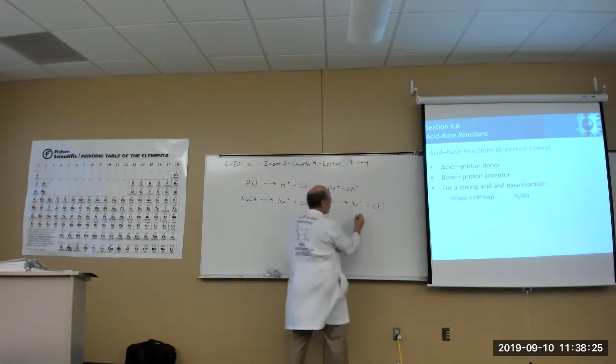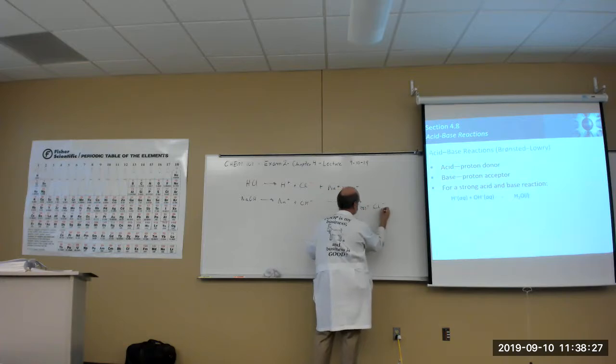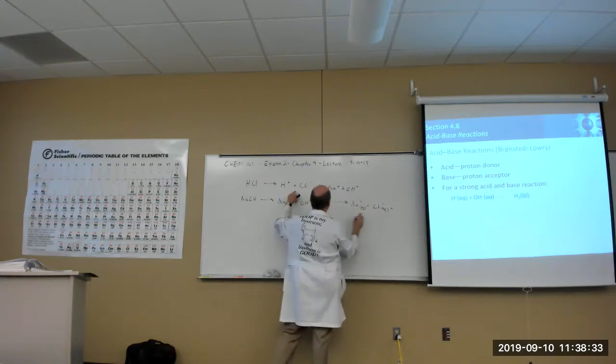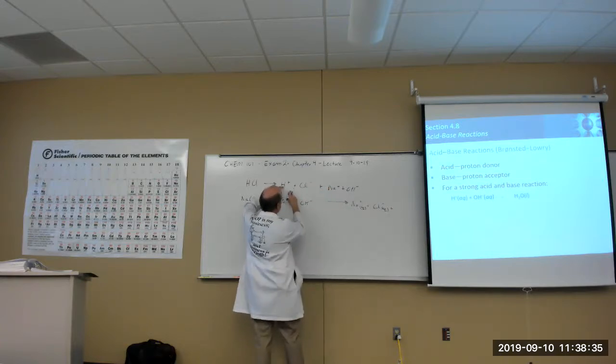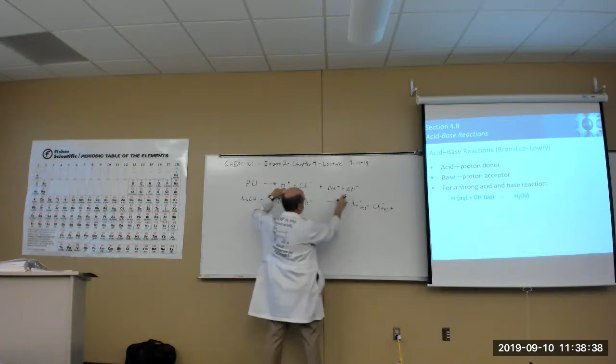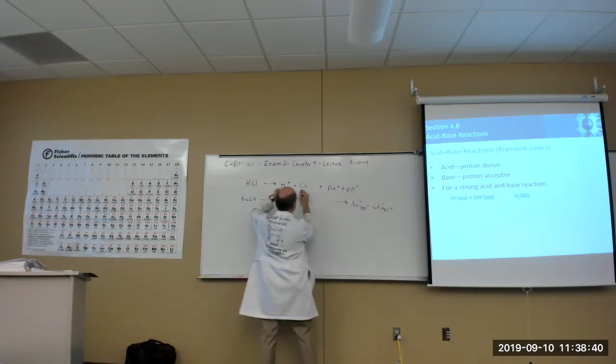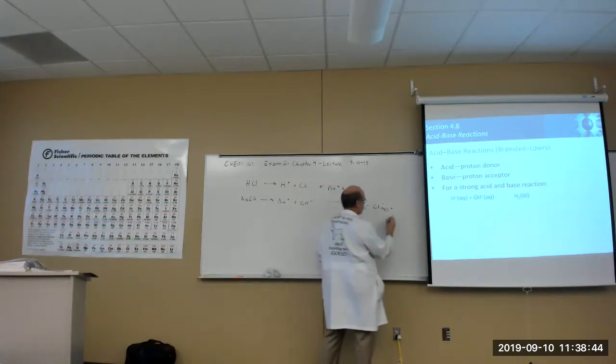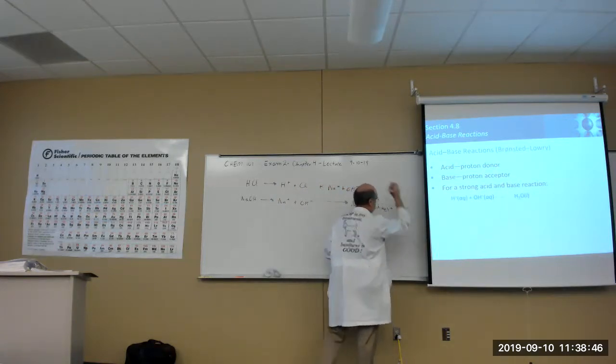Those are all aqueous solution, and these are still aqueous. So these are spectators, here, here, here, here. And these are the actual ones that react. This one and that one react, hydroxyl and protons, and give you water.